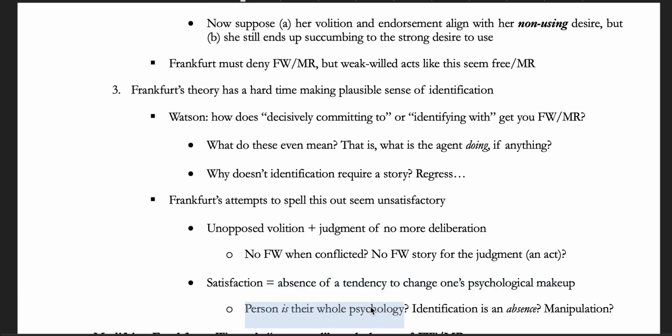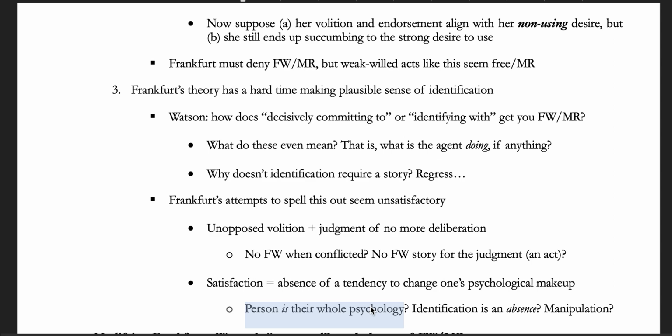But not necessarily that that's incoherent or something. It's just that we thought that the mesh theory was supposed to tell us how you have some alien desires. And it's not clear that we can just identify you with your whole entire psychological makeup and still account for alien desires. If you are your whole psychology, then you're not going to have any alien desires.